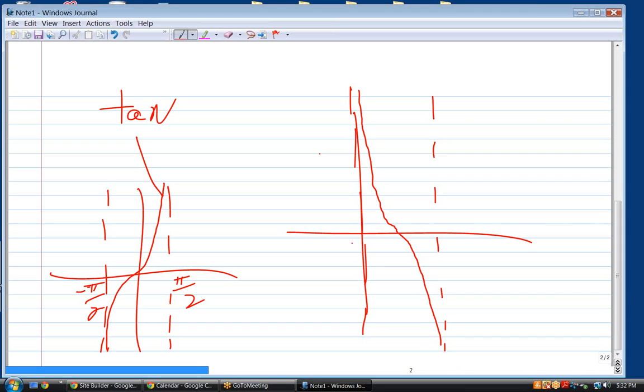Only difference is it's between 0 and pi. Whereas if I graphed the negative tangent, it would look like this. Same exact shape as cotangent, but different vertical asymptotes. Pi over 2 shifted, basically. So there's your 6 trig functions. All right. Okay.